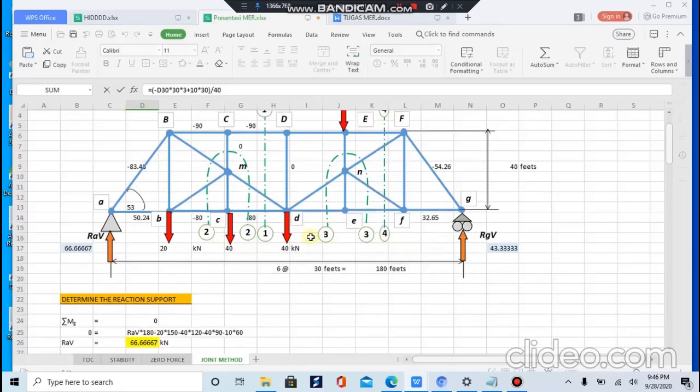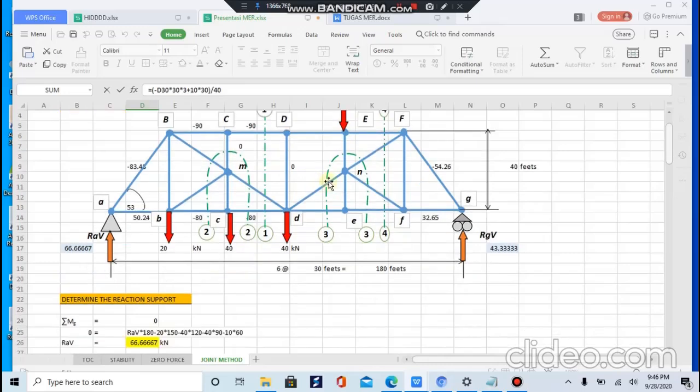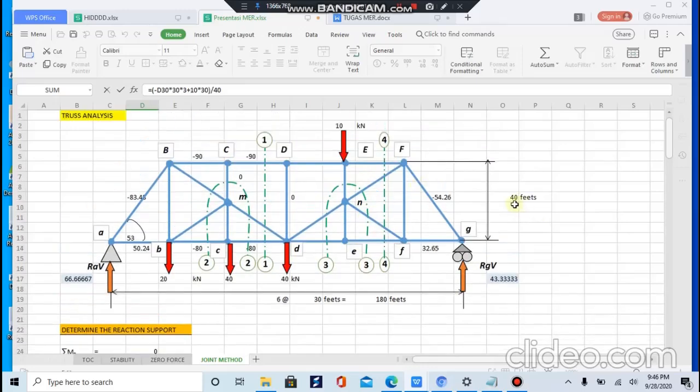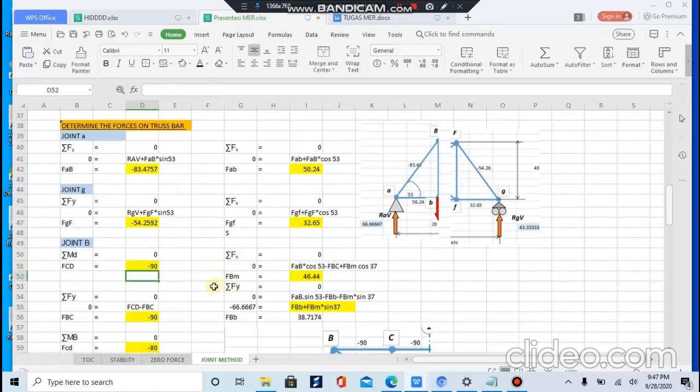And also for the 10, it will be multiplied by the distance to D, which is 30. It will be divided by 40 because FCD is on the top and D is on the bottom. So the FCD will be minus 90 kilonewton.